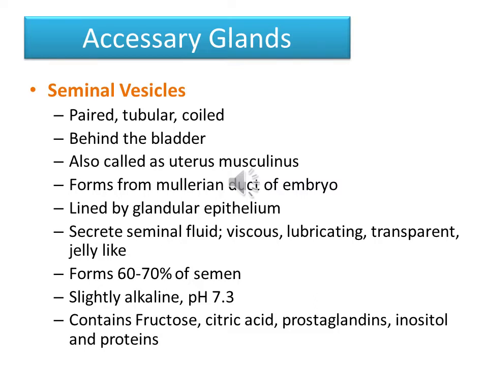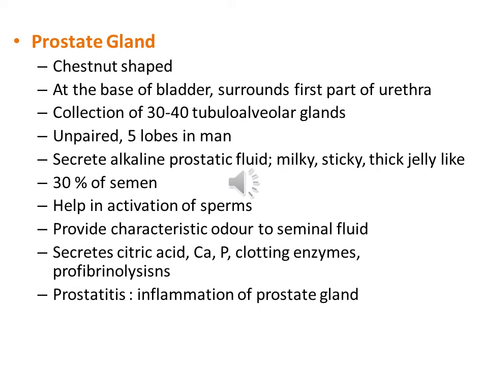Okay. Now let's see the second one. The second gland, which is unpaired single gland, it is prostate gland. If you see its shape, it is slightly chestnut shape, and present at the base of bladder. It surrounds the first part of urethra, upper part of urethra. It is collection of 30 to 40 tubulo-alveolar glands.